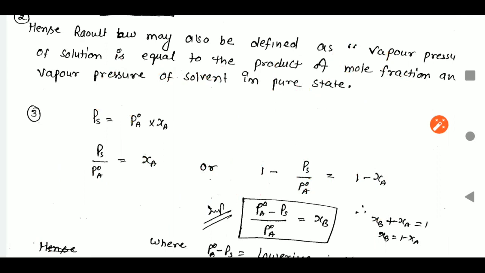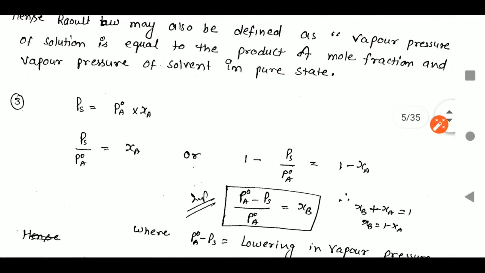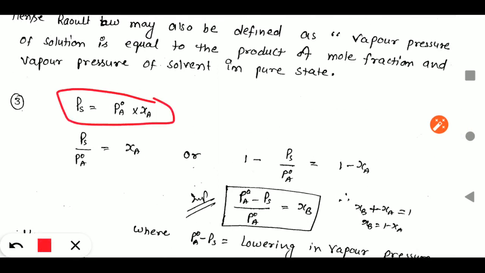Now another definition of Raoult's law may be this. For a non-volatile component we concluded that the vapor pressure of a solution is directly proportional to the vapor pressure of that component in pure state and the mole fraction of that component. So on rearranging, what will happen?